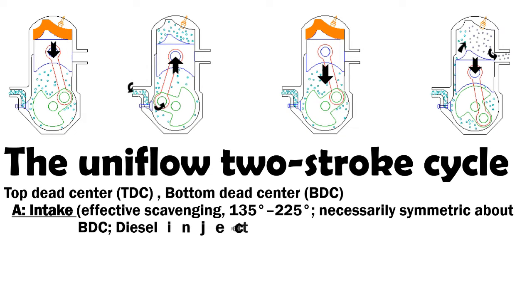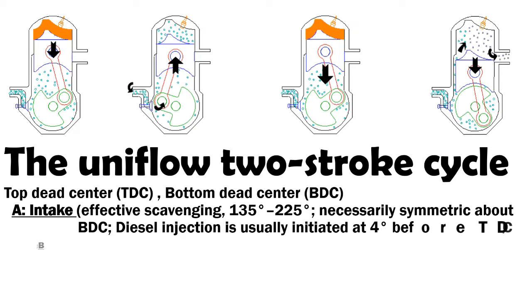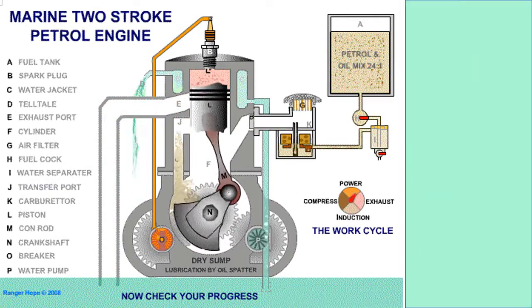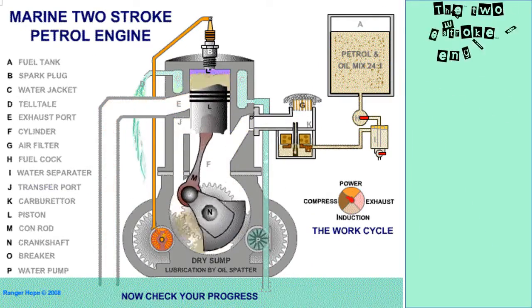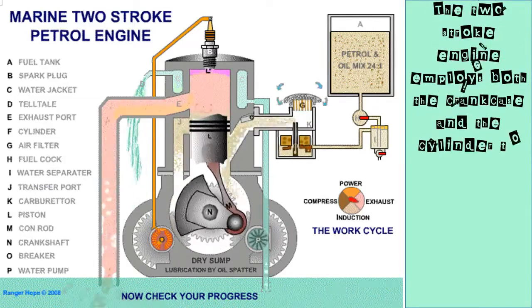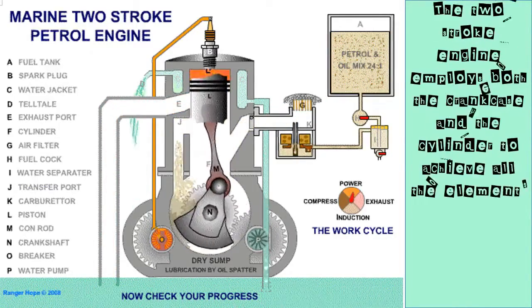In a uniflow engine, the mixture, or charge air in the case of a diesel, enters at one end of the cylinder controlled by the piston and the exhaust exits at the other end controlled by an exhaust valve or piston. The scavenging gas flow is therefore in one direction only, hence the name uniflow.